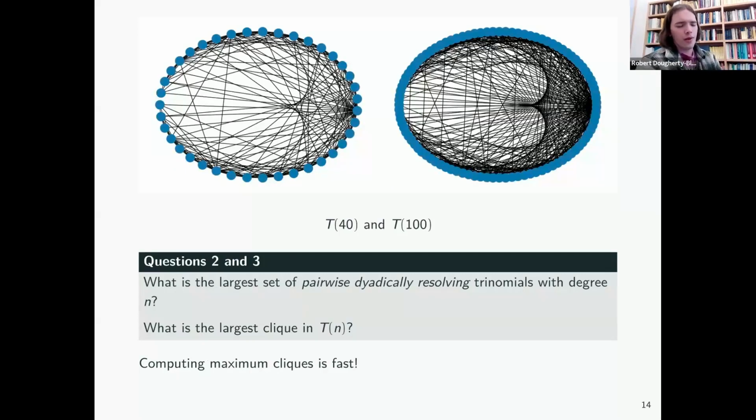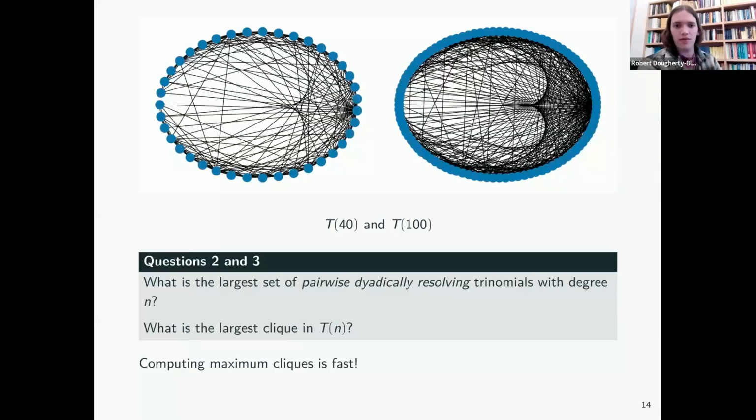So questions 2 and 3 were asking, how can you find large sets of dyadically resolving trinomials with a fixed degree? And another way to phrase that in terms of the graph is that we are looking for cliques in the graph, complete subgraphs. And what's nice about this perspective is finding cliques is actually much easier to do than brute force.